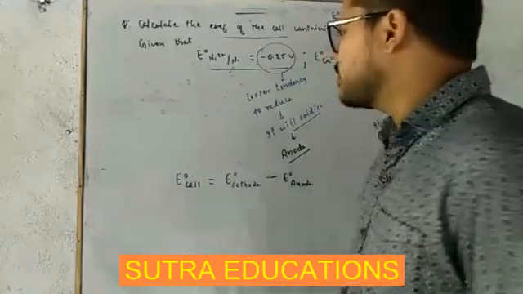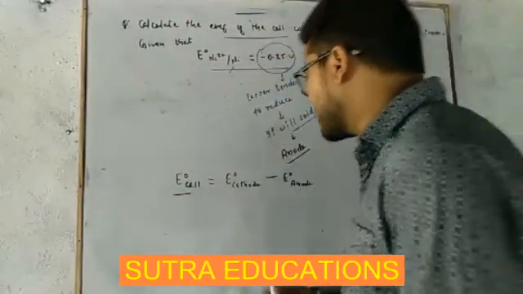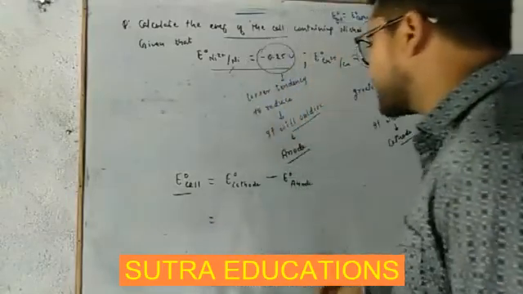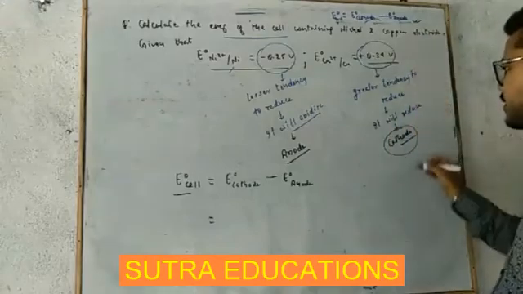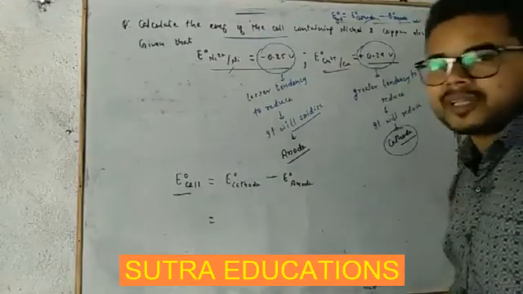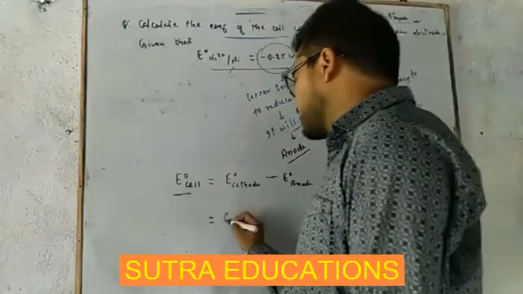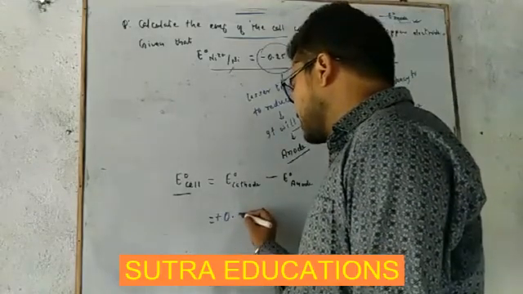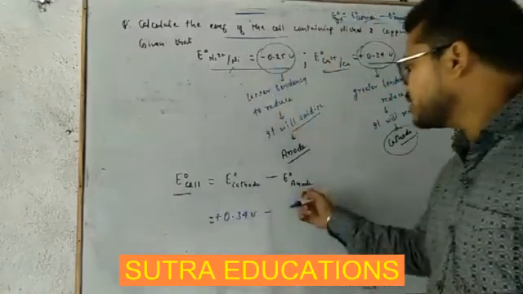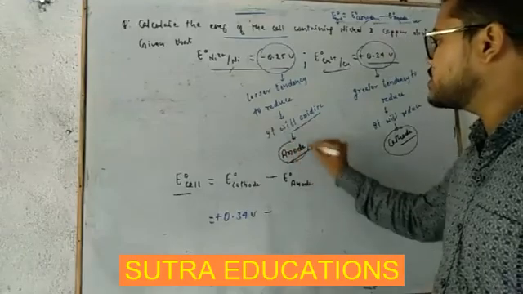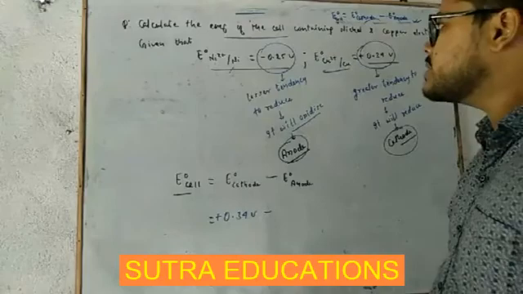So E naught cell we have to calculate. We have given E naught cathode. Which one is cathode? This one is acting as cathode. We have decided now, copper is acting as cathode here. So this value is plus 0.34 volt. So write it here, plus 0.34 volt minus E naught anode. Anode is acting as nickel here, means nickel is acting as anode here.